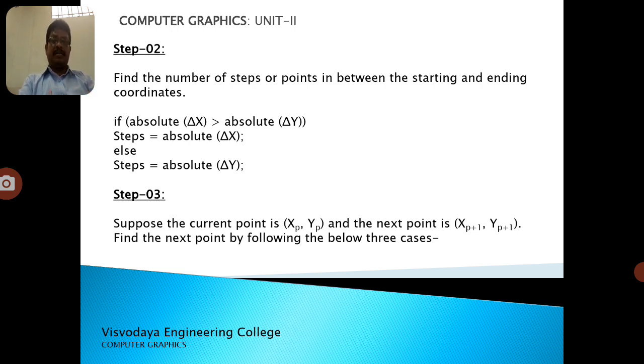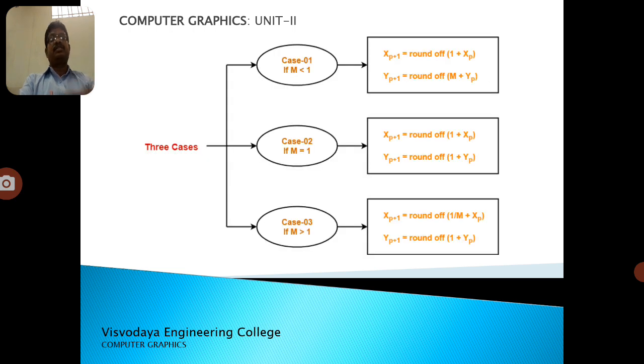So we need to find the next parameter for drawing the line from the starting point to the next coordinate. How can we find the next coordinate? That is with the help of the slope value. Based on the slope value, the DDA algorithm explains three conditions. So this is the major point in this algorithm.